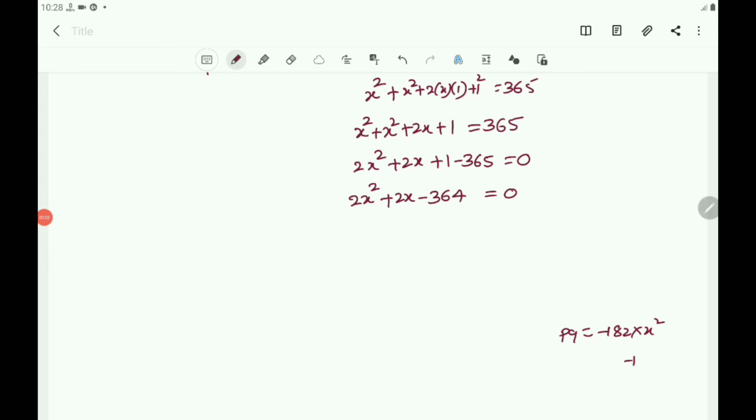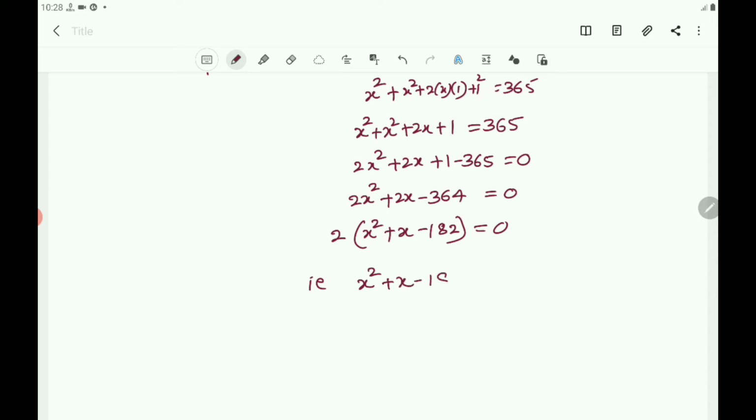In the bracket you will get x square plus x minus 182, since 2 into 182 is 364, equals 0. So that is x square plus x minus 182 equals 0.